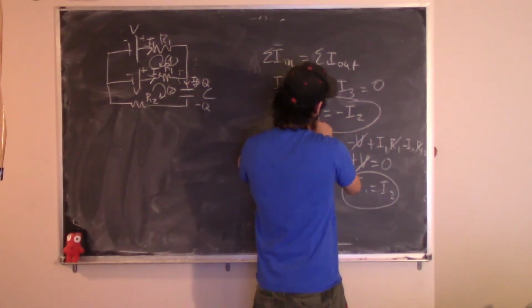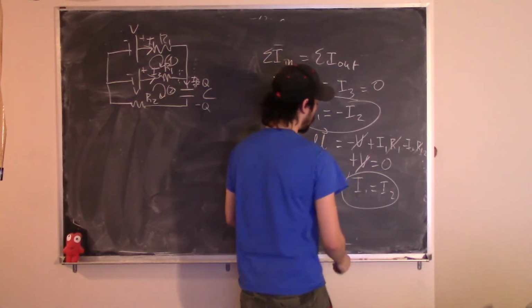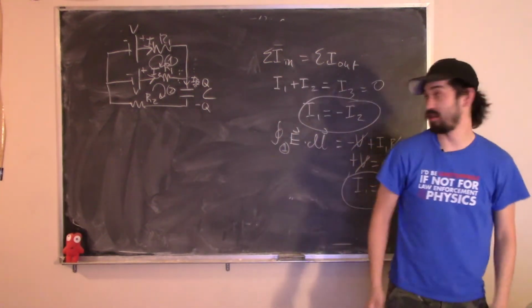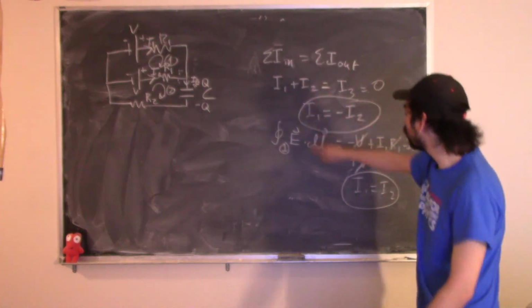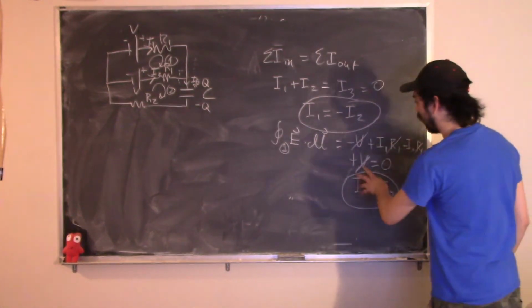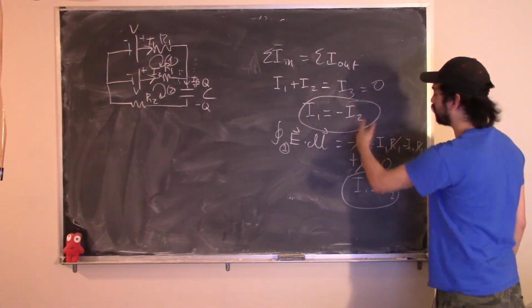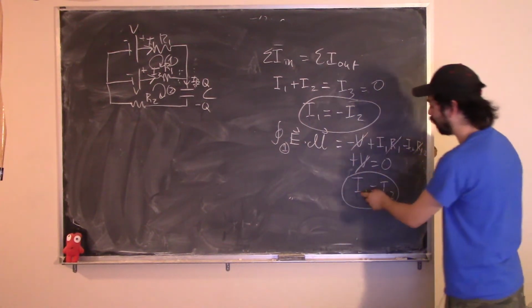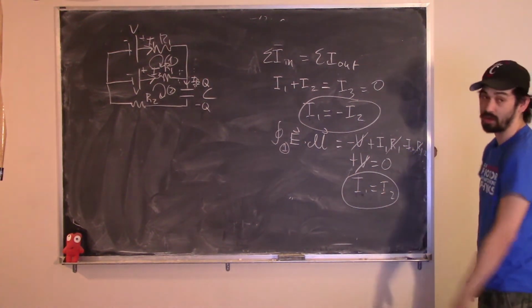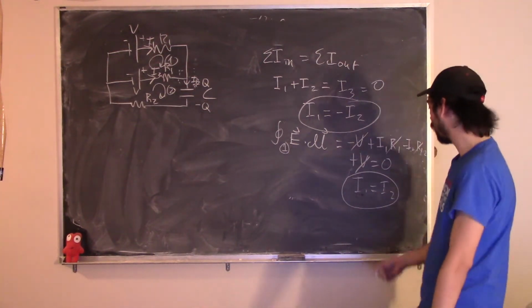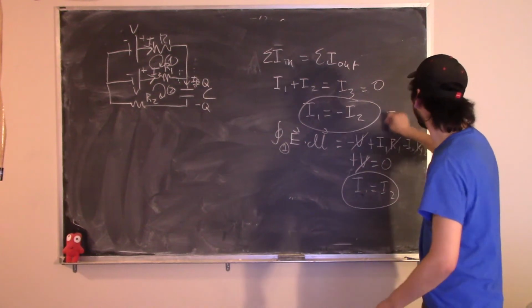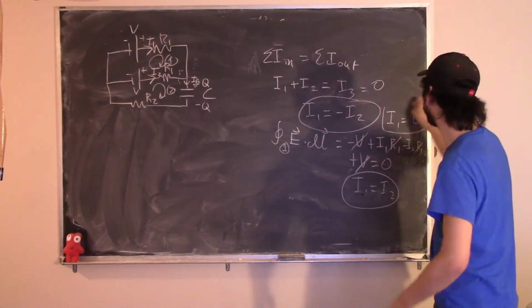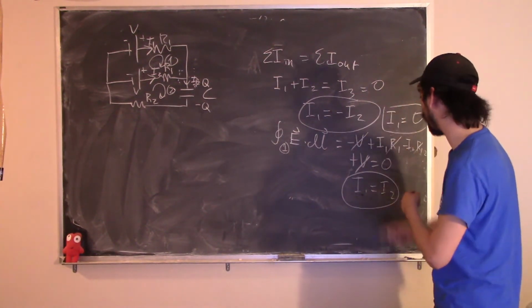This says this number is equal to the negative of that number. 4 is never equal to minus 4. But there is one very particular set of circumstances that satisfies this equation, and that's when I1 is equal to 0 and I2 is equal to 0, because 0 is equal to negative 0. So I1 is equal to 0, and that's also equal to I2. Okay.